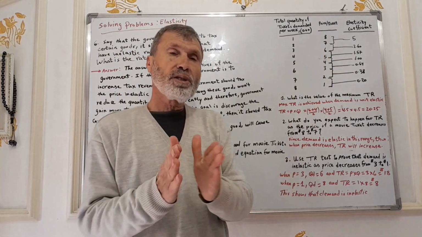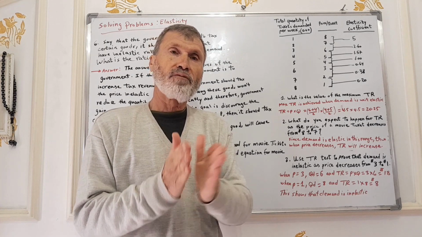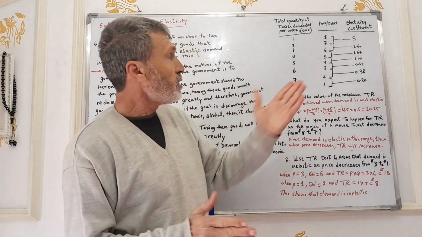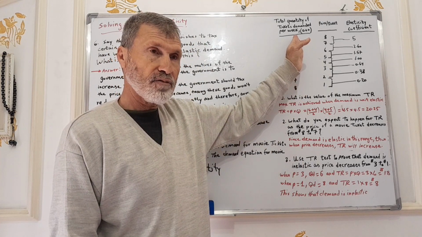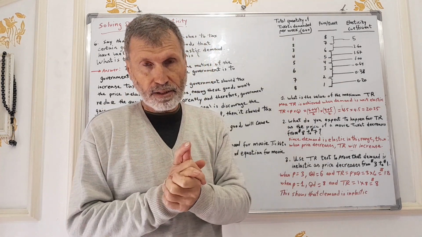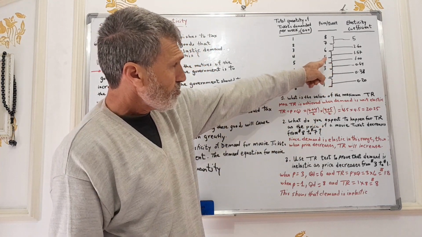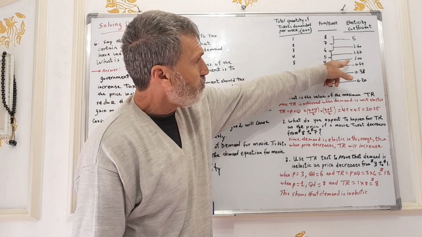Total revenue is the product of the price times the quantity. Here we take the price as the average of the prices, and the quantity as the average of the quantities.